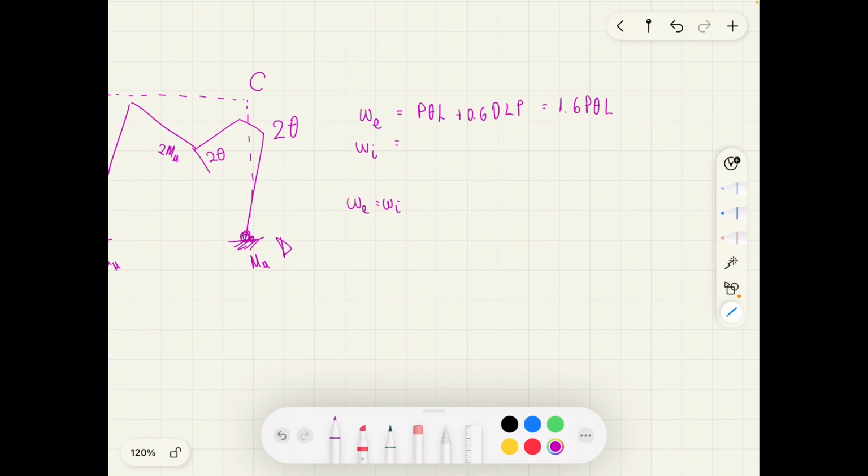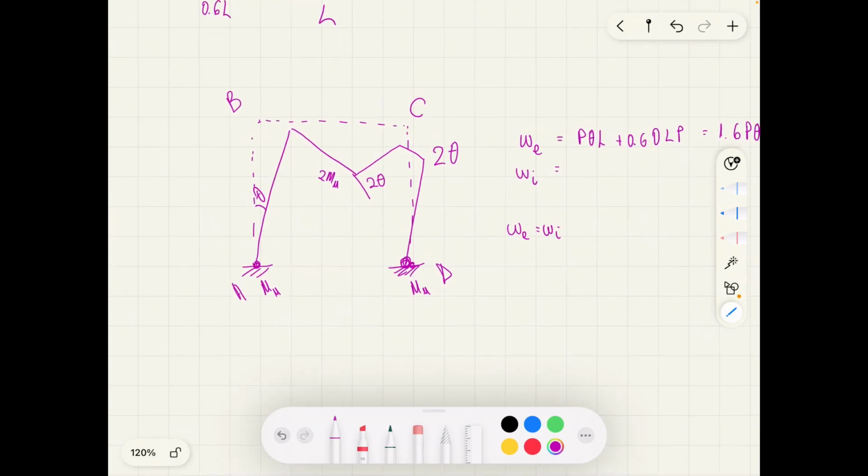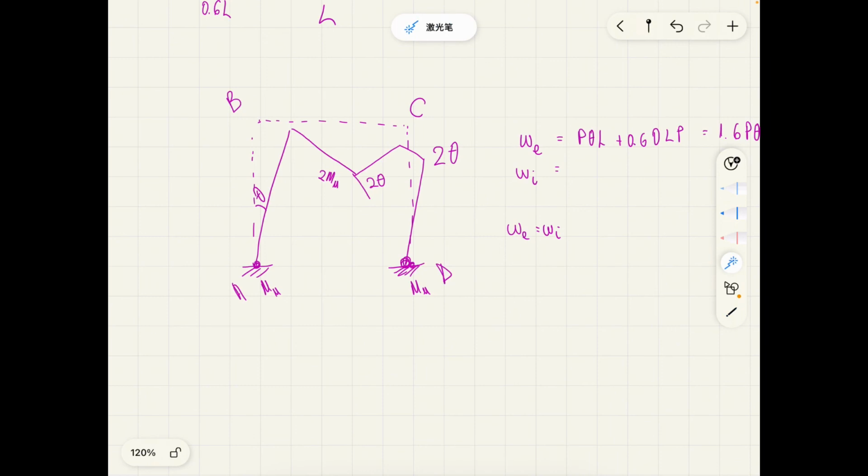And for the internal workload, we're going to have to look at this combined mechanism we have here. So we're going to have to add up mu theta from here plus 2 mu 2 theta at this plastic hinge, and mu 2 theta at this plastic hinge, which is using this mu, and another mu theta here.